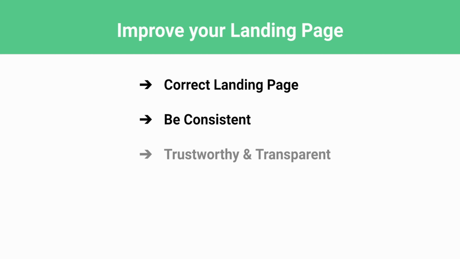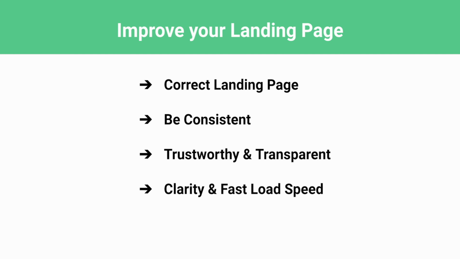The next stage is to keep your site transparent and trustworthy. Make it easy for users to find your contact information and also state what your business does. If you request any personal information from the users, make it clear what you are asking for and what you are using it for. One thing to greatly increase your landing page experience is to work on your load speeds. Be clear and precise.